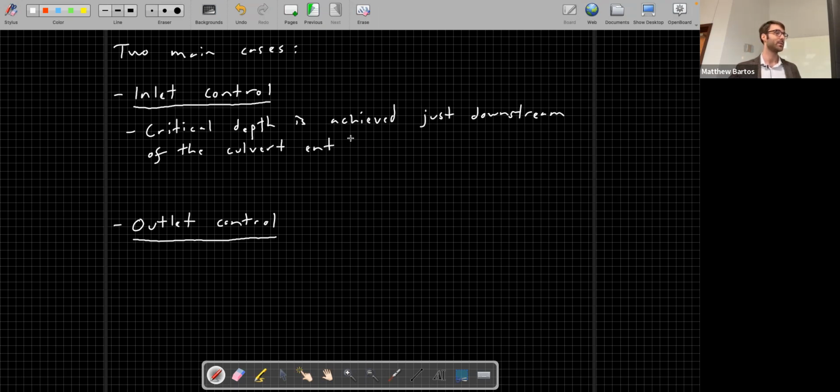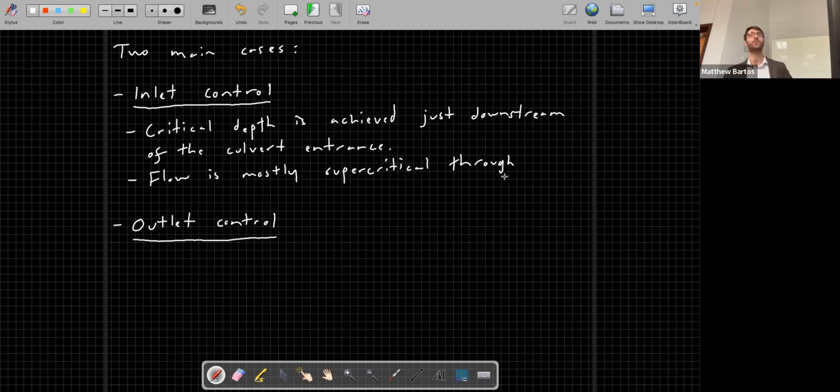Okay, so critical depth is achieved just downstream of the culvert entrance, and the flow is predominantly supercritical. So I'll just say flow is mostly supercritical throughout the length of the culvert. And this is by far the easier of the two cases to analyze.